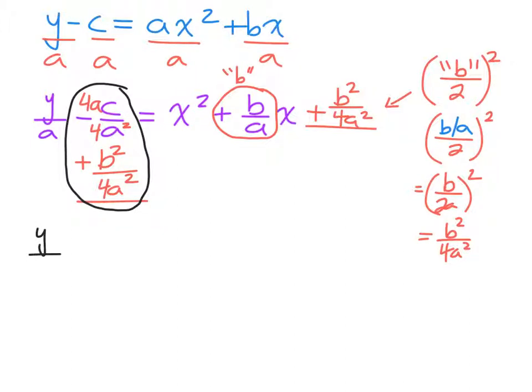So we have y over a plus, what are those two things combined to? b squared minus 4ac over 4a squared. And the familiar part, b squared minus 4ac, is the discriminant. So the discriminant works its way into this solution. That's pretty cool.